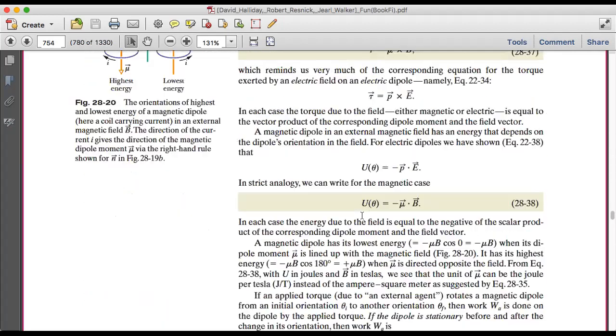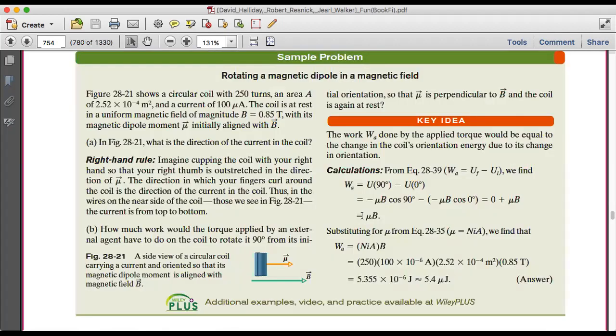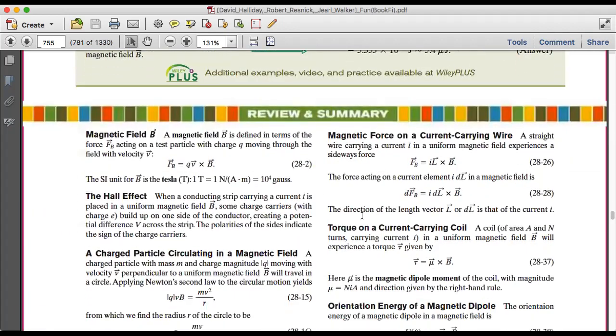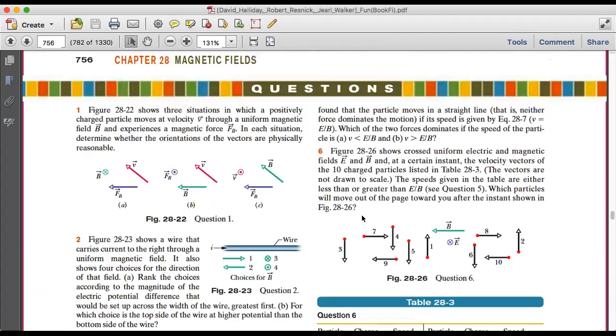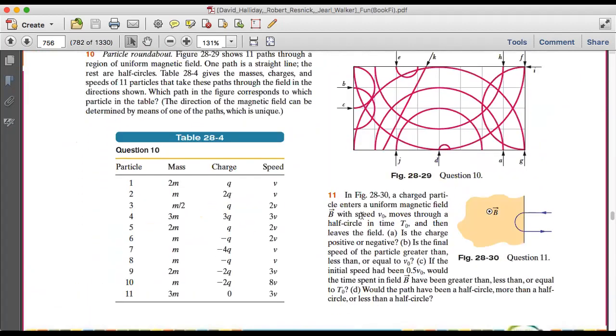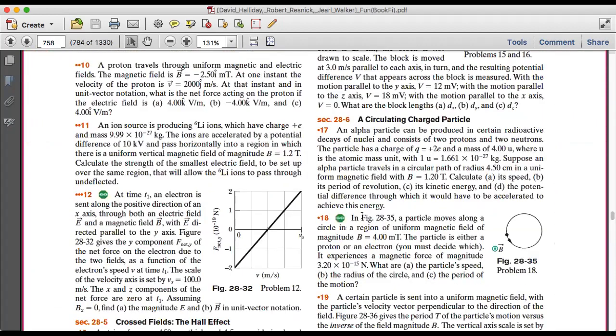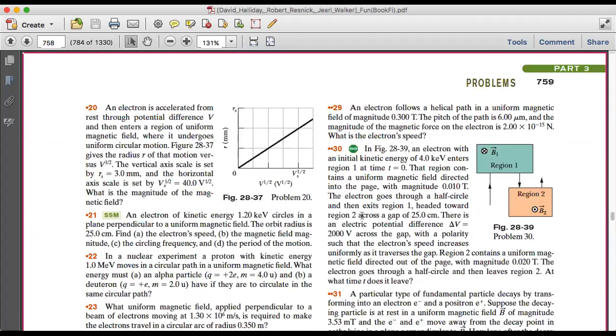Any question? Okay, we have finished one section.